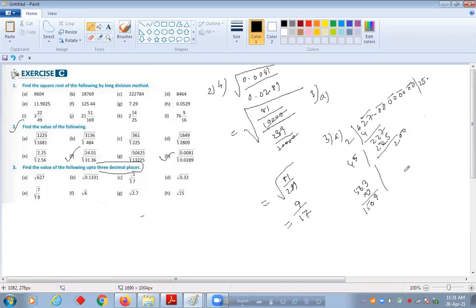If you write 1, then it is 500. If you write 2, then also it will become more. Then what to do? Then we'll take down another pair of zeros. Understood? This and this. And we'll put 0 here, and we will take 0 here. So we'll have now 500.